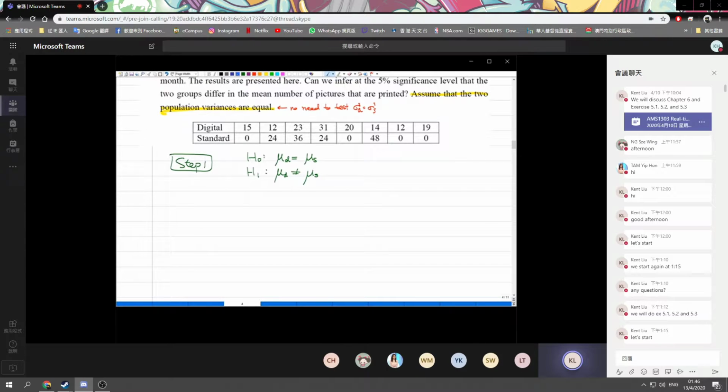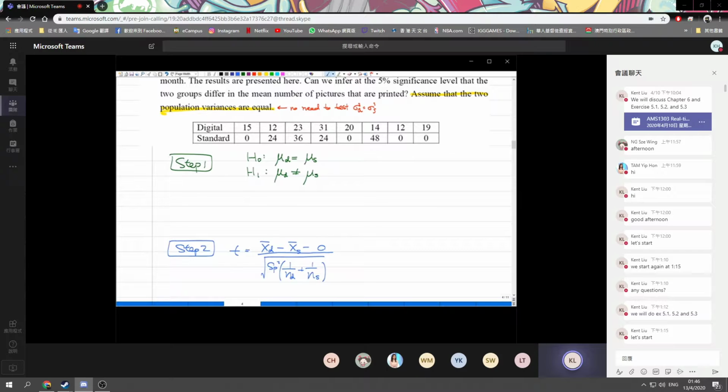And then, because we are testing the two means, the only test that is available here is the t-test, right? In the t-test, we are interested in the sample average difference, and then we divide this by the pooled variance, and get the number based on this formula.